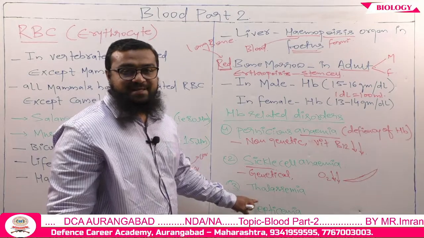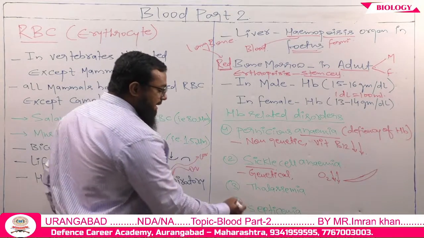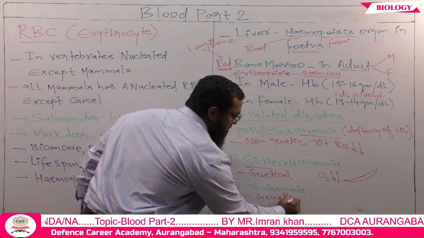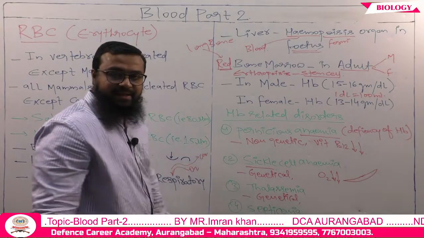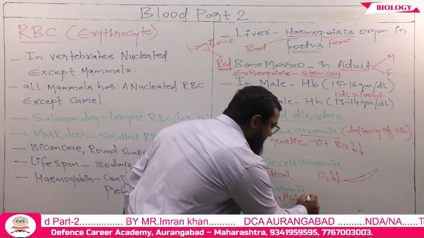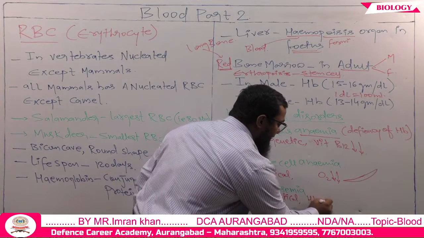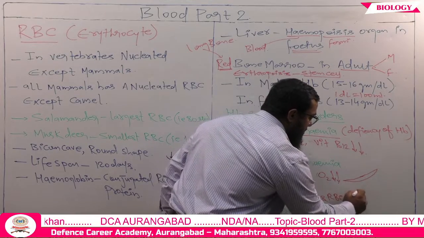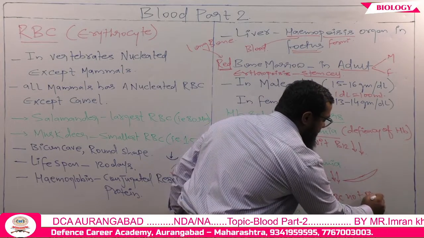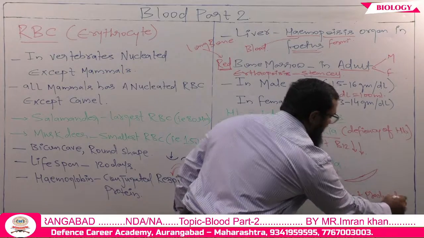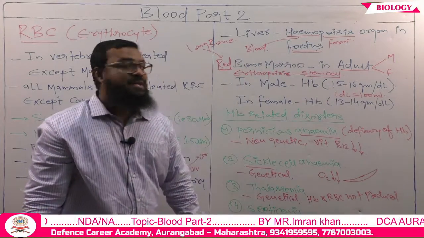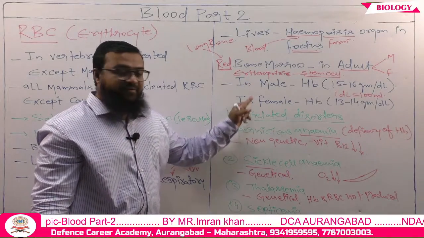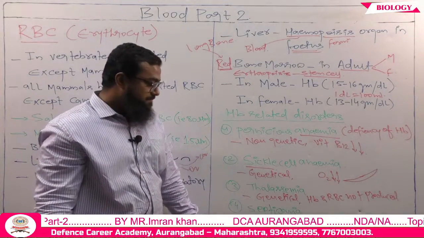The next one is thalassemia. Thalassemia is also a genetic disorder in which HB and RBC are not produced in the body. The stem cell which is responsible for erythropoiesis or hemopoiesis will not produce the RBCs.